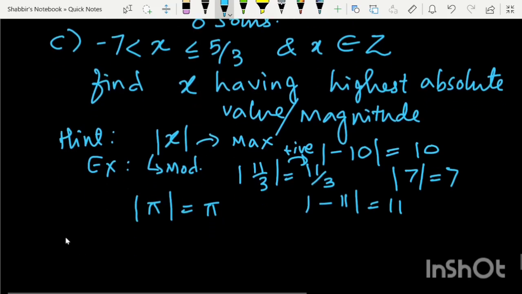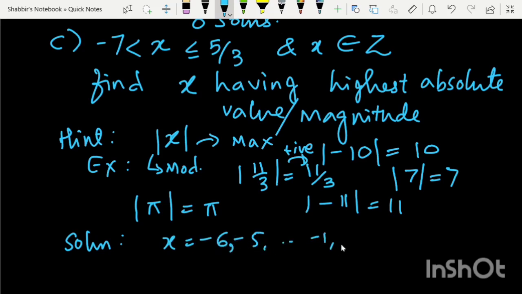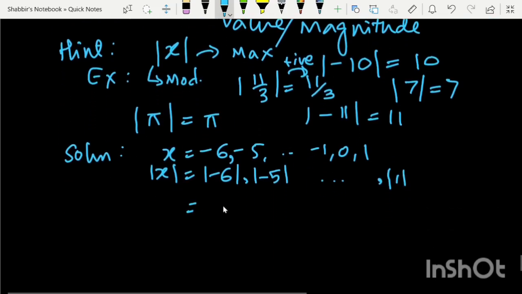So the solution would be: starting first, we will take the intersection of this and this. So as usual, x starts from minus 6, minus 5 till minus 1, 0 and 1. Now if you take the moduluses of all those numbers, minus 6, minus 5, and so on, 0 modulus is 0, 1 modulus is 1, modulus of minus 6 is 6.